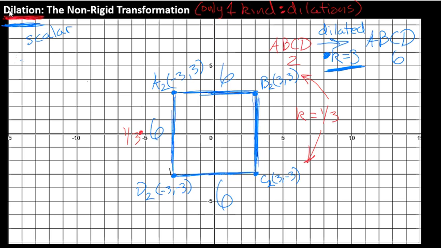That would give me -1 here for A. That would give me +1 for A's y coordinate. If I multiply 6 by 1/3, that gets me right back to where I started, which was a 2 by 2 square.